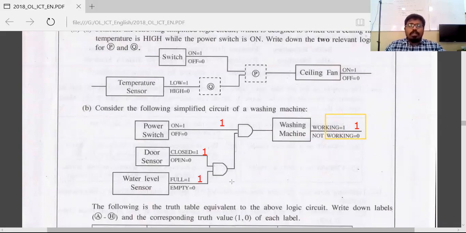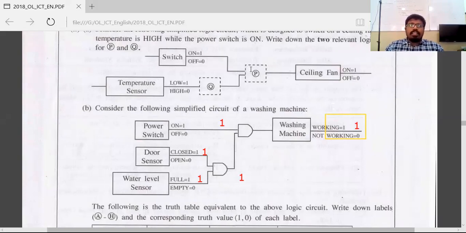So in order to produce 1 here, both inputs must be 1. If this is 1, this one and this one also 1. So power switch on, door closed, water level full will enable washing machine working. So the working is 1.